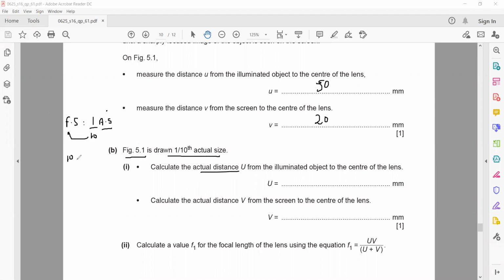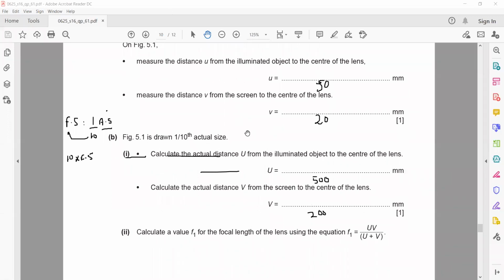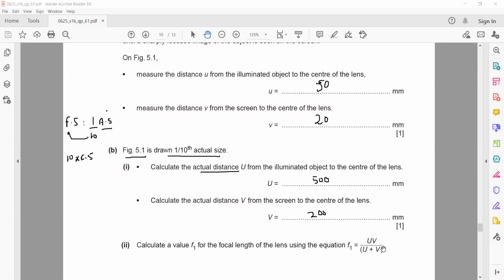So figure size multiplied by 10 gives the actual size. If figure size is 50, the actual size will be 500. If figure size is 20, it will be 10 times, or 200. Is it clear?